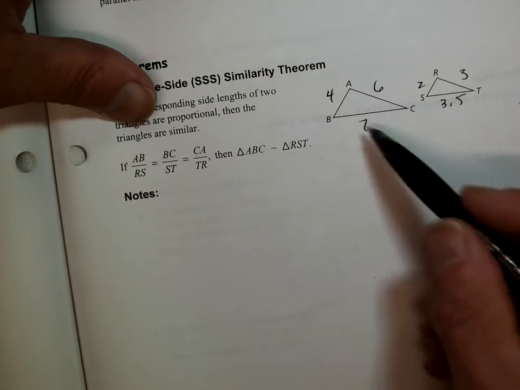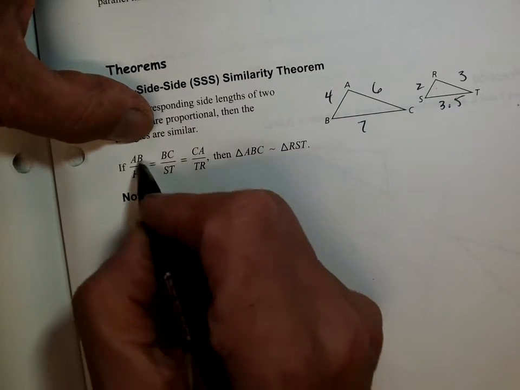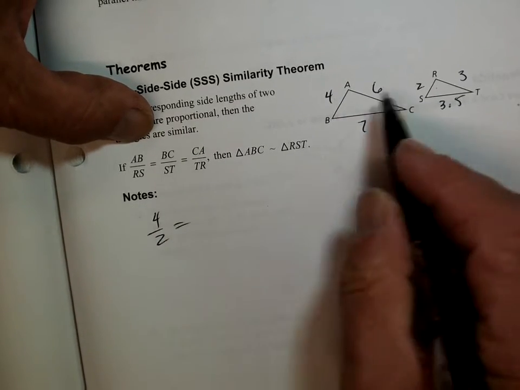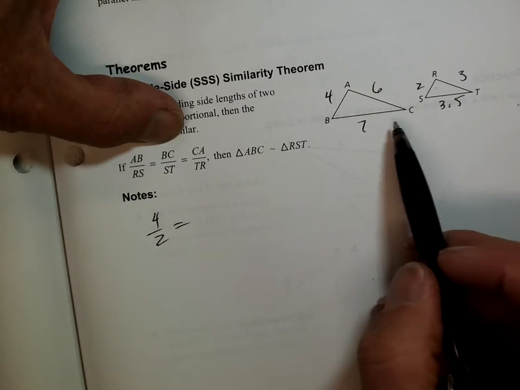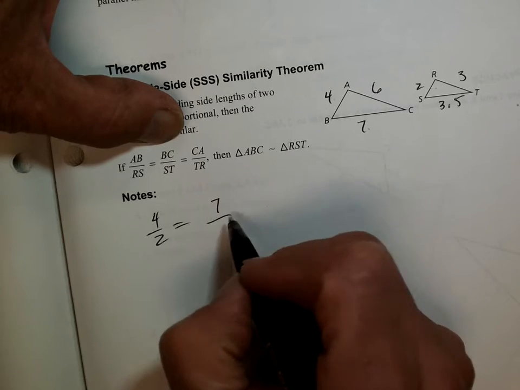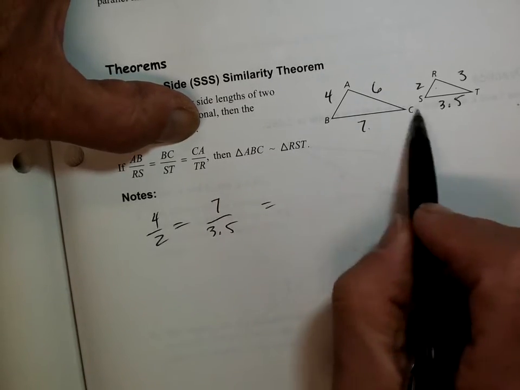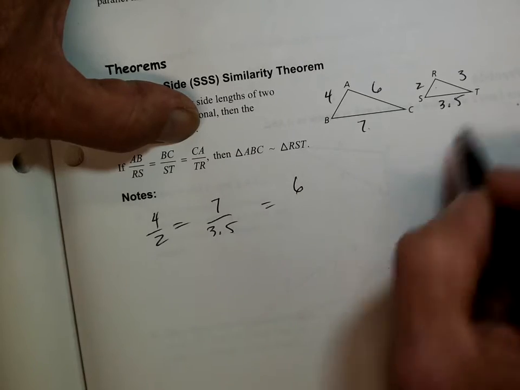So if we said AB goes to RS, then AB would be 4-to-2, a 4-to-2 ratio. BC goes to ST, that'd be 7 over 3.5. And it also says that CA, which is 6, would go to TR, which is 3.